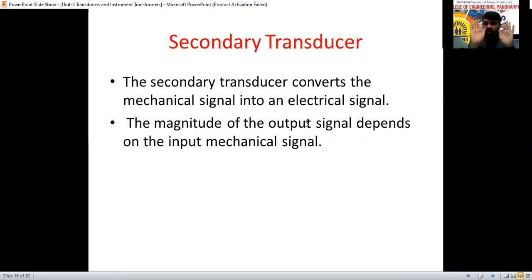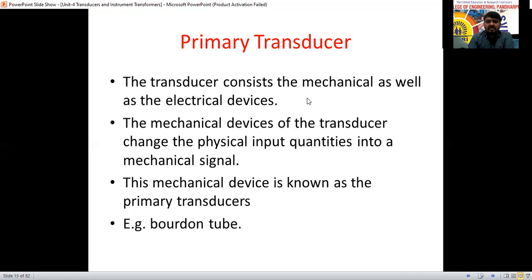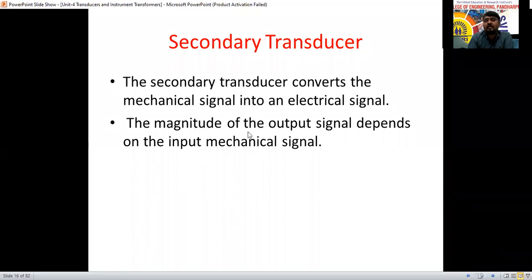We first convert it into mechanical; that is the primary transducer. The output of the primary is converted into electrical; that is called the secondary transducer. Is the concept clear? Yes, sir.